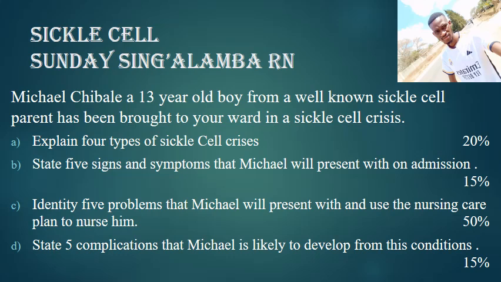The other problem that I can also mention is anxiety. So anxiety is related to little knowledge about the prognosis of the condition. The manifestations or the evidence are restlessness and also lack of sleep. The other problem that I can also mention is risk of fluid volume deficit.